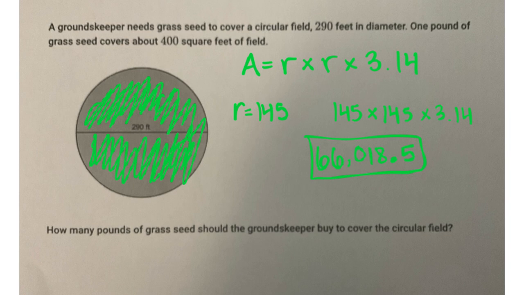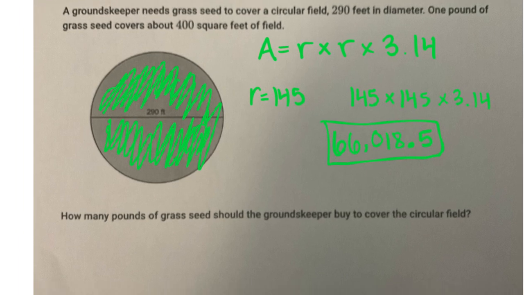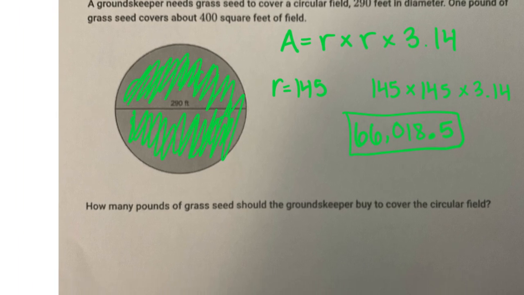Now here's the problem. They're not asking for the area. They're asking for 1 pound of grass seed covers about 400 square feet of field. How many pounds of grass seed should the groundskeeper buy to cover the circular field? Well, if 1 pound covers 400, we need to just figure out how many pounds we will need to cover 66,000.